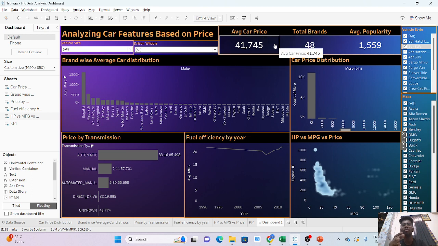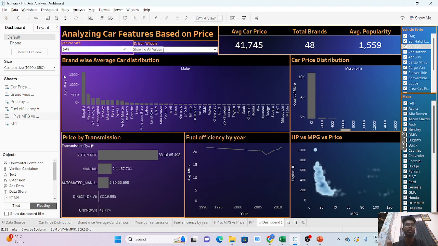Out of the 1199 cars in our data, we found the average price, which is 41,745. The total number of brands in our data set is 48, and the average popularity score is 1559.